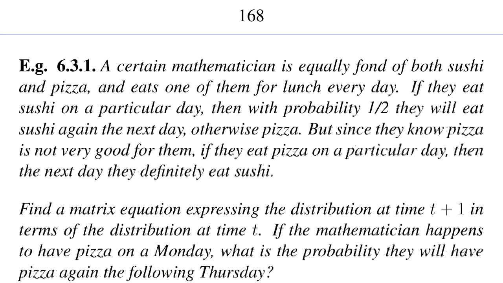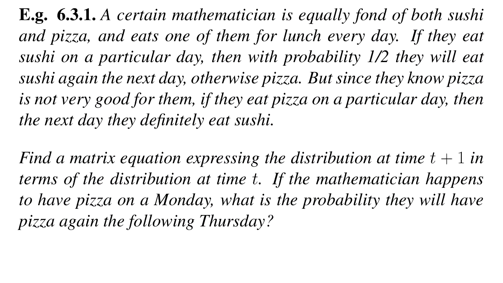All right, so let's look at an explicit example of how that might change. This is a very simple situation that we're trying to model, about a mathematician who likes eating sushi and pizza. Right? And before the pandemic and before all the interest rate rises, this did model me because I was able to afford to go out for lunch, but I don't anymore.